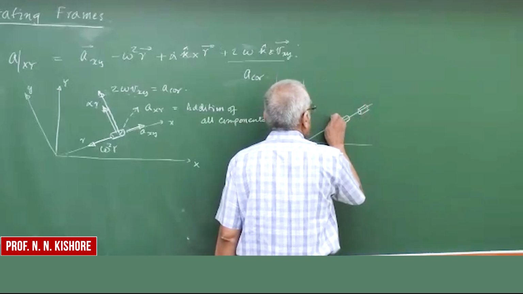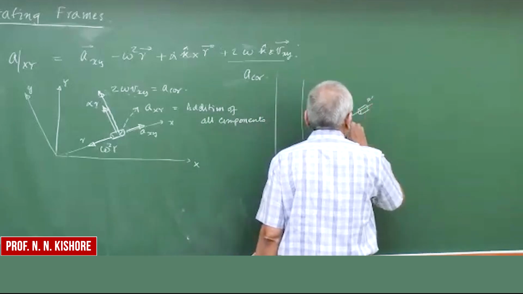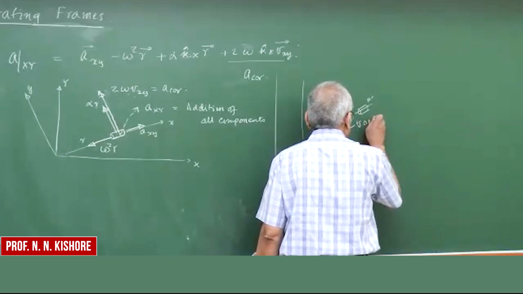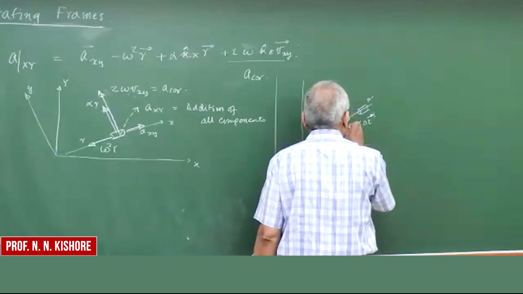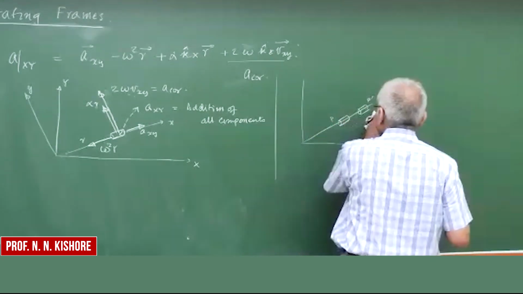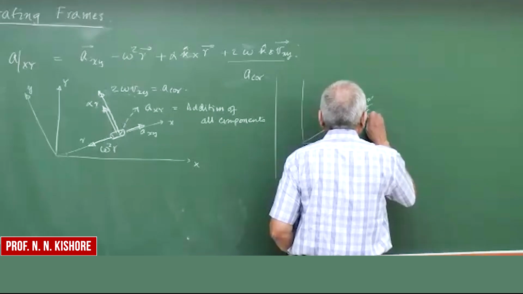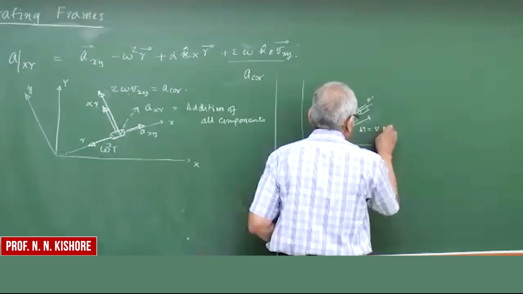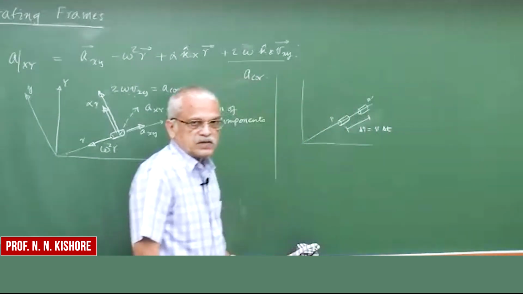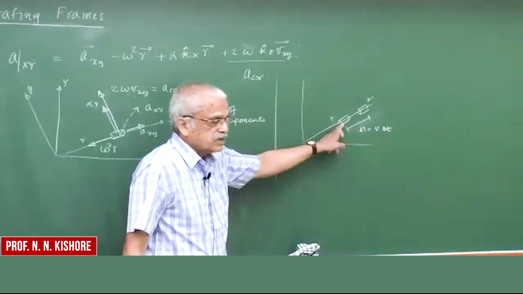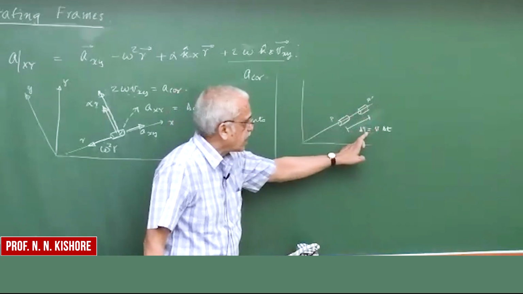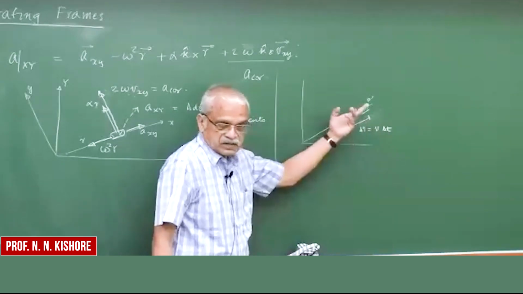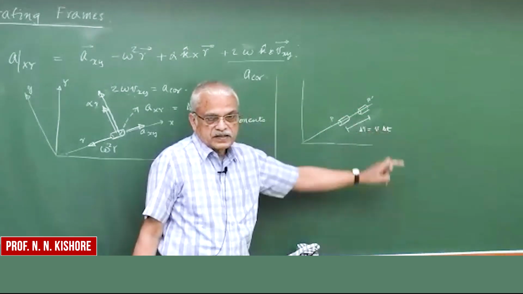Let us say P and P prime. This slider has gone from P to P prime in a small time, through a distance of delta R, which is v delta t.